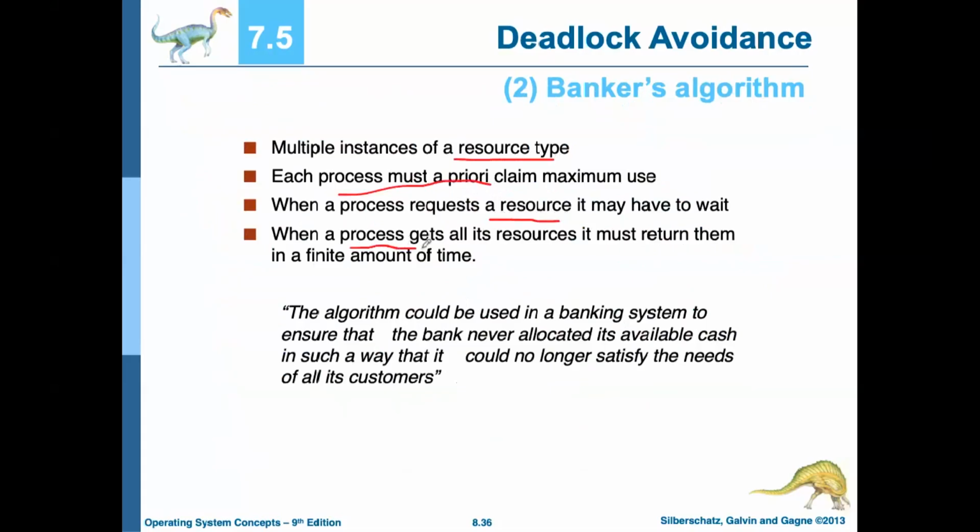When a process gets all its resources, it must return them in a finite amount of time. This algorithm could be used in a banking system to ensure the bank never allocates its available cash in such a way that it could no longer satisfy its customers.